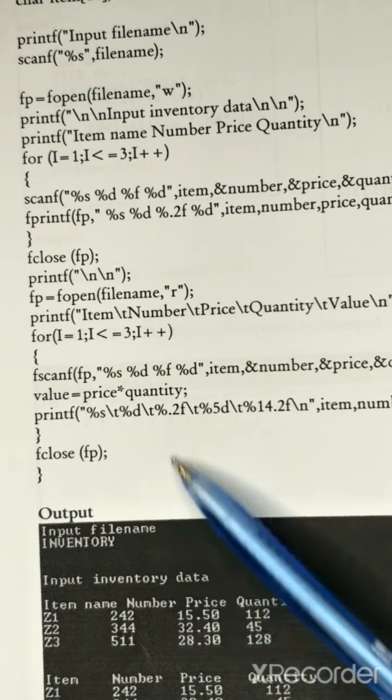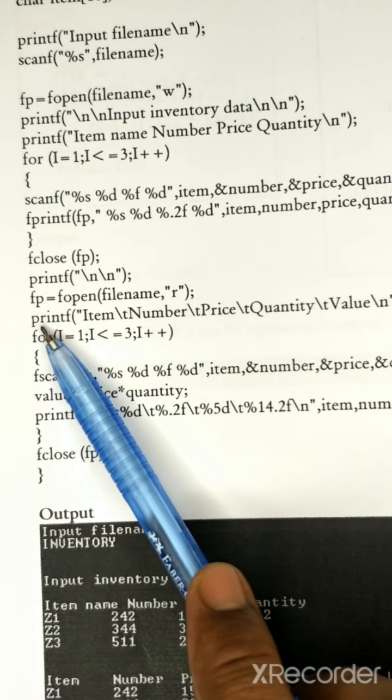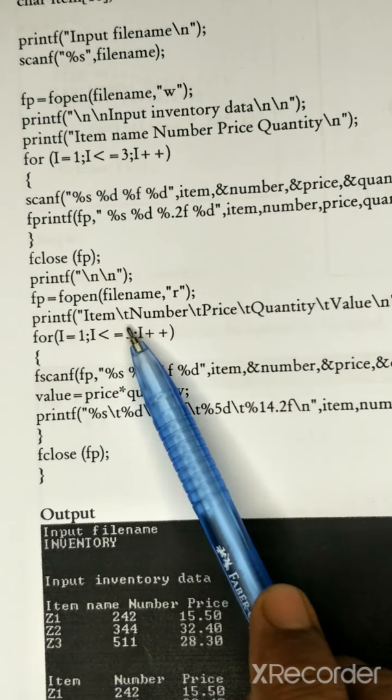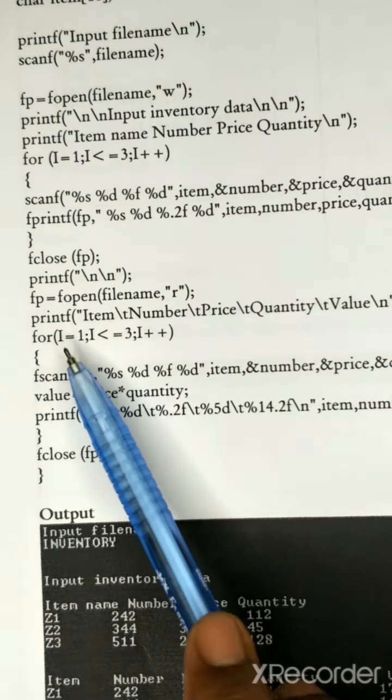All right, and then this part here will be printed on your screen: item, number, price, quantity, and value. And then we do this process.